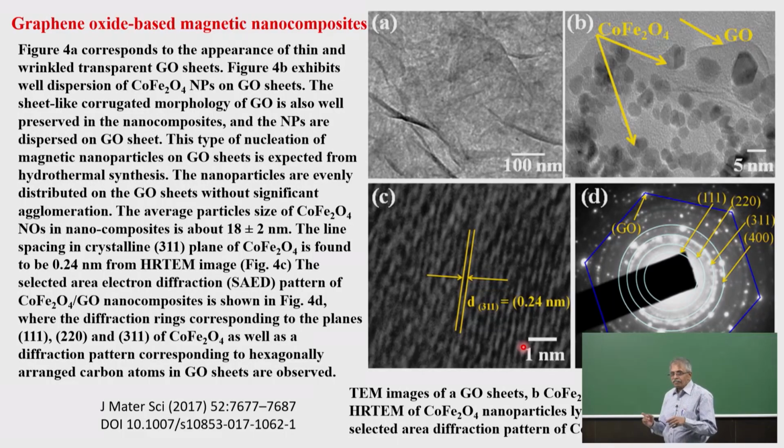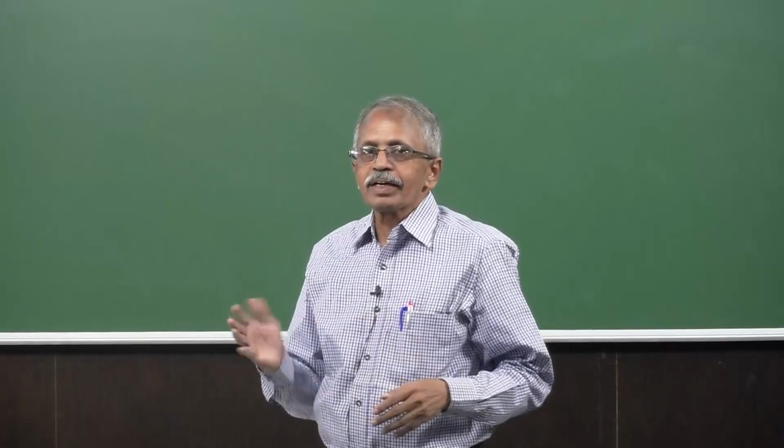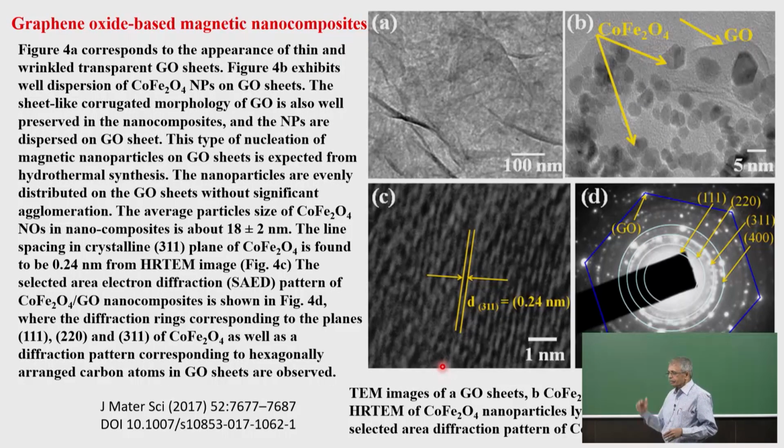If you want to see the surface and what is inside, how dense, how light, then you need to go to higher and higher resolution. And this 1 nanometer will give you the d distance. From this you can tell what kind of elasticity you have. And that I explained to you even when we talked about X-ray diffraction.